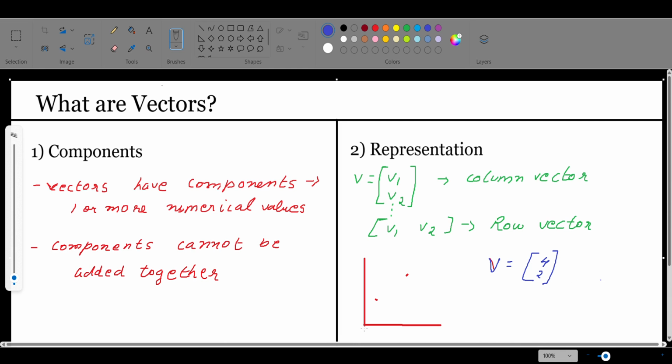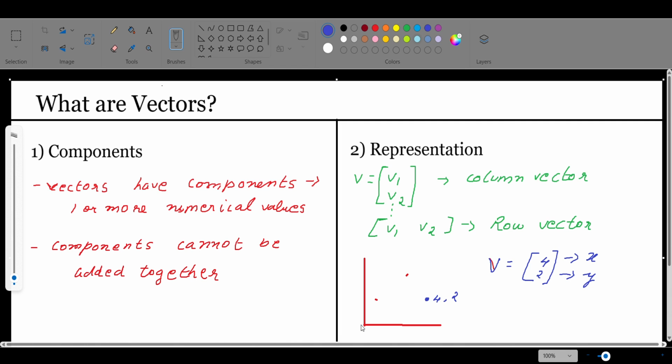Now, one thing to remember is that a lot of the time a vector also represents the x and y values. So for example, here you're using a two-dimensional vector. The first value represents the x value, the second value represents the y value. This way, let's say 4 comma 2 is somewhere here. What happens is that this vector is in this form.